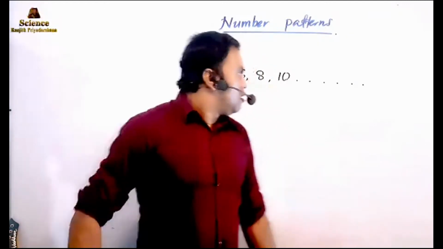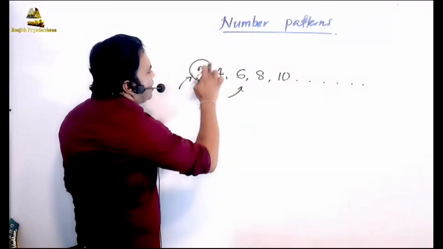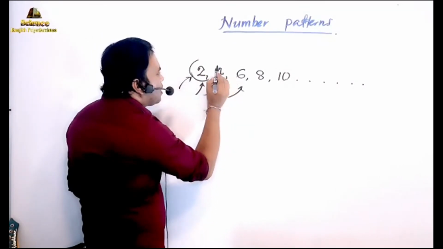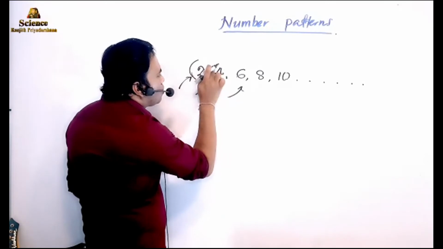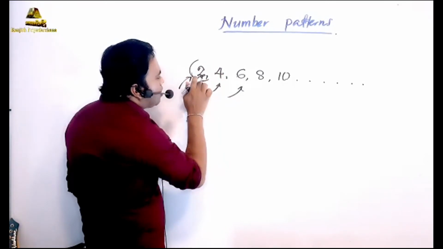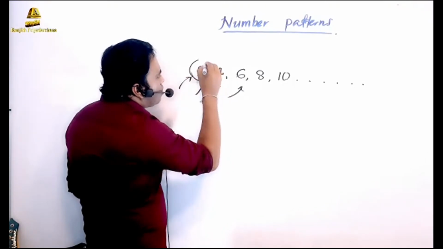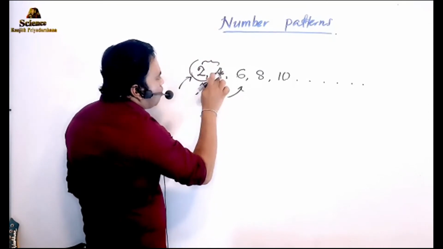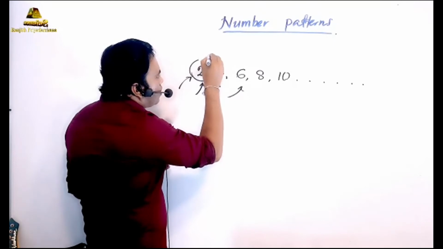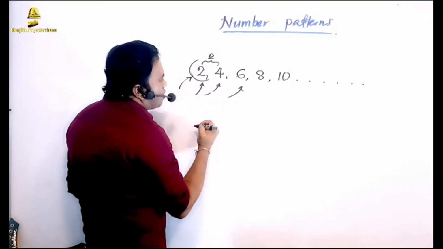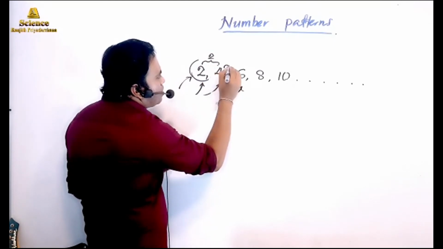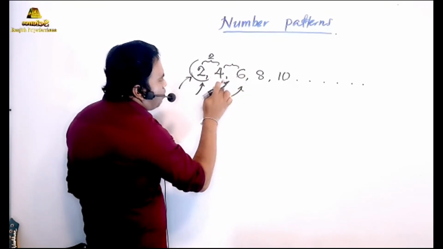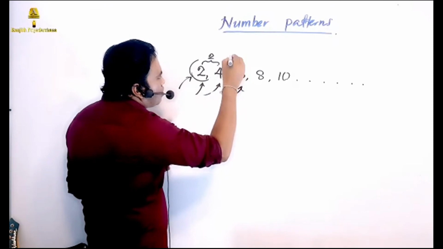Now let's see the difference between these numbers. If you subtract the first number from the second number, you can see the difference is 2. Here, 6 subtract 4 is also equal to 2.